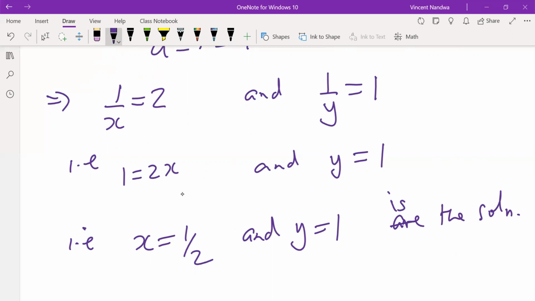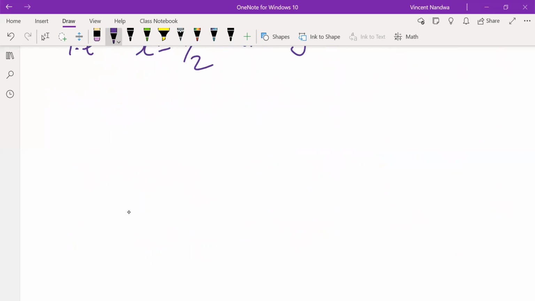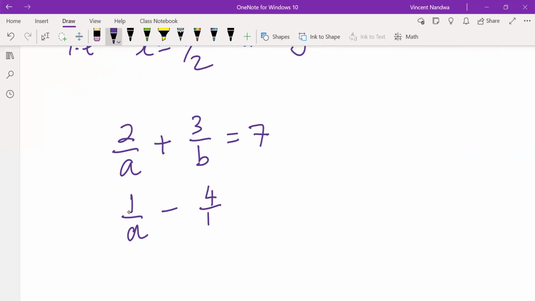Lastly, if we have an equation of the form, let's see another nonlinearity. 2 over a plus 3 over b equals 7, and 1 over a minus 4 over b equals minus 2.